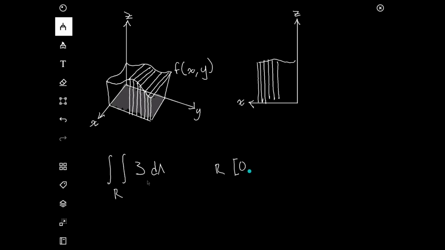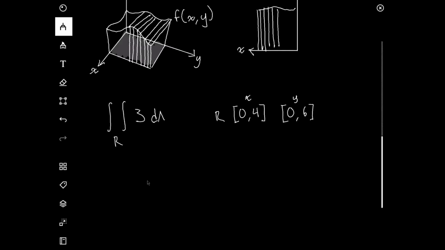We'll say that it goes from 0 to 3, we'll make it 4, and that's its x side. And on the y side, it goes from 0 to 6. All right, let's graph what this looks like.